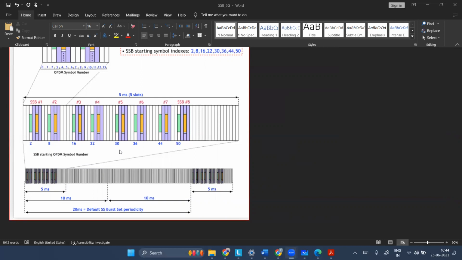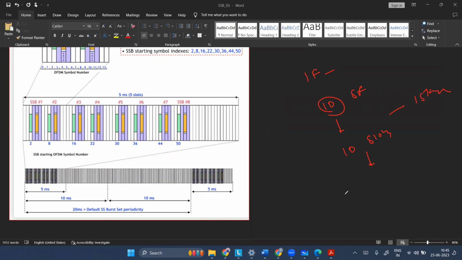So if we talk about 5 slots, let's calculate, right? Let me take the pen. One frame has 10 subframes, and 10 subframes have 10 slots for 15 kilohertz, right?